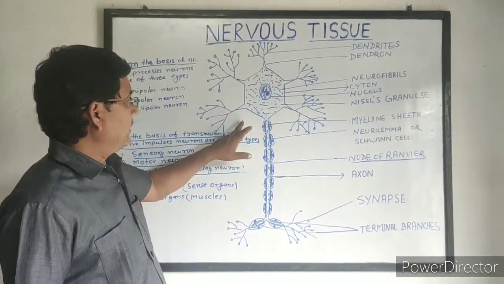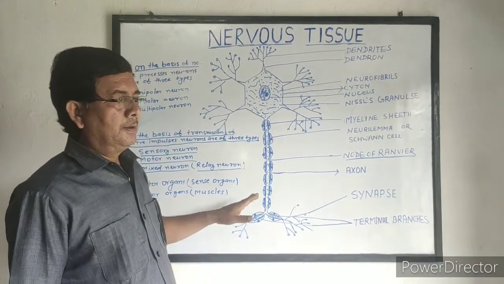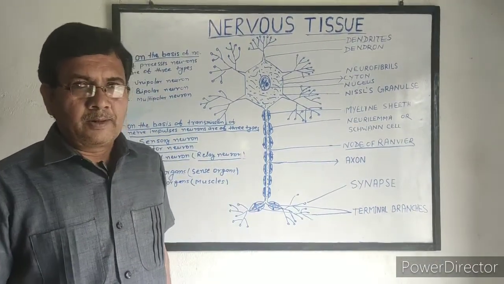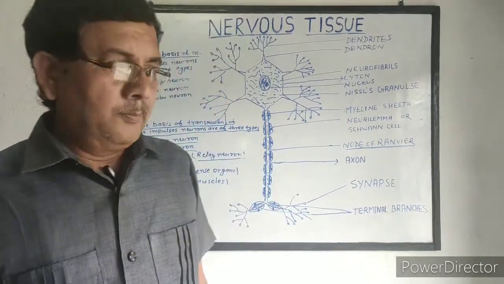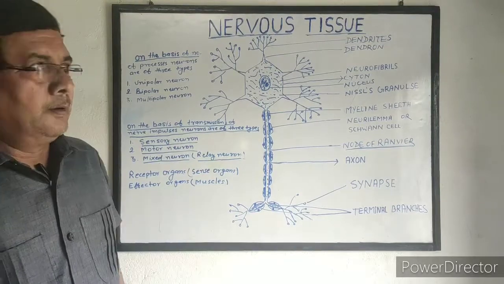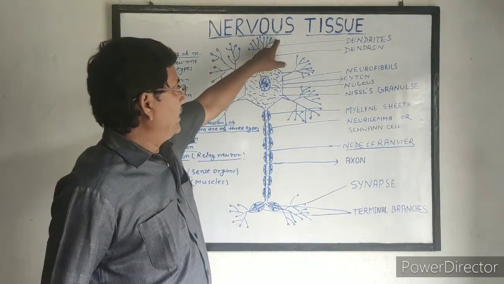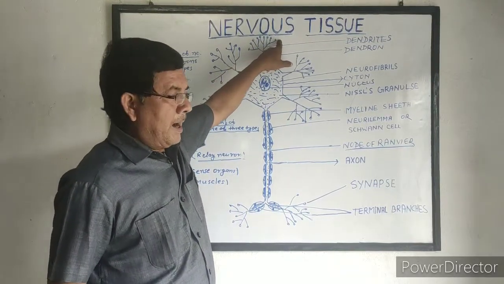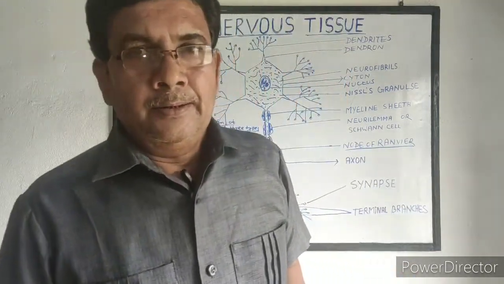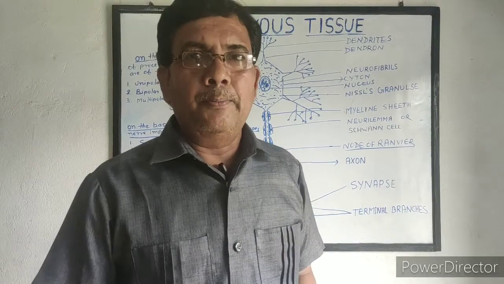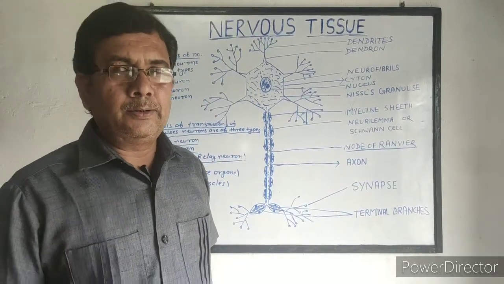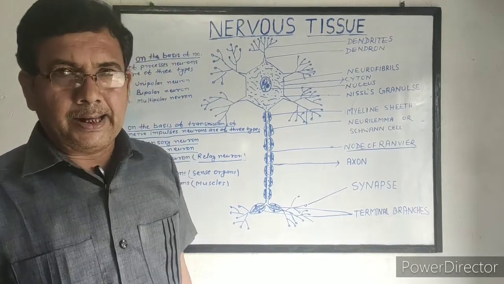See once again the functioning of a neuron. The stimulus, that is change in the environment, is received from the sense organ by the sensory neuron with the help of dendrites, and the dendrites change the stimulus into the form of chemicals. Now this chemical changes into mild electric current.